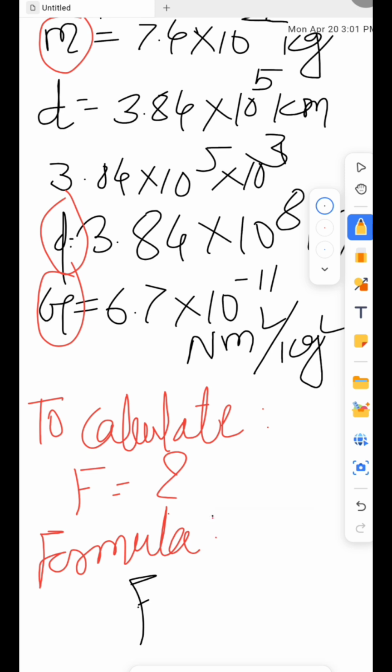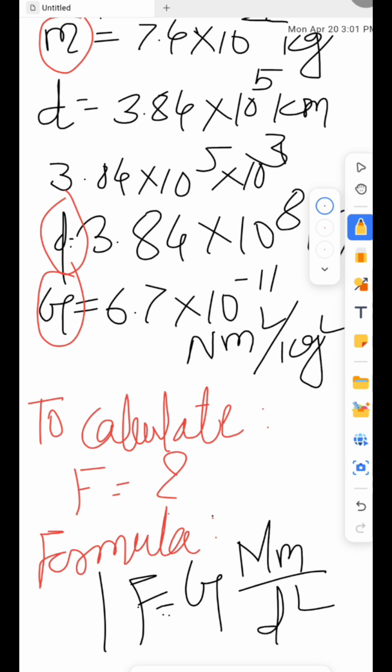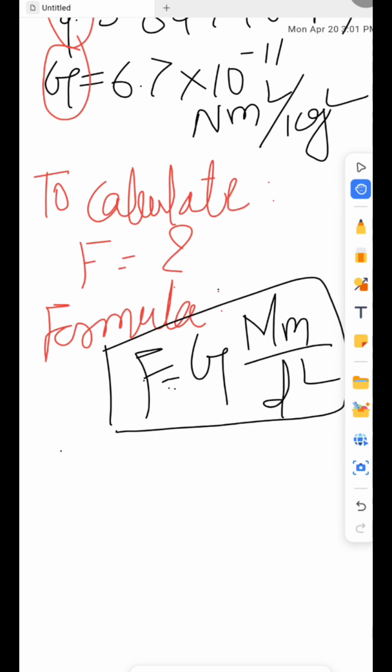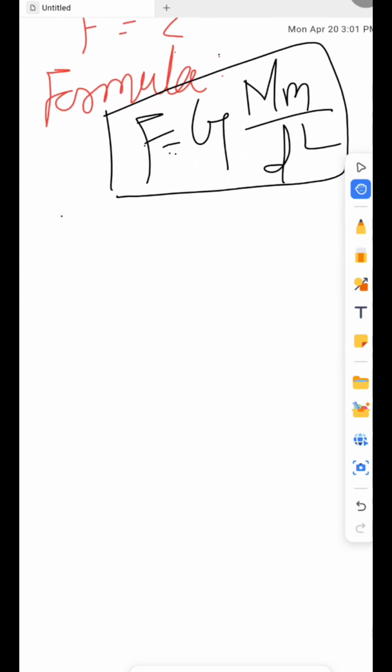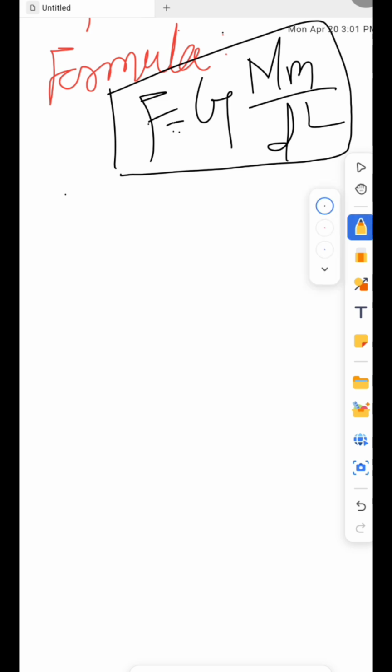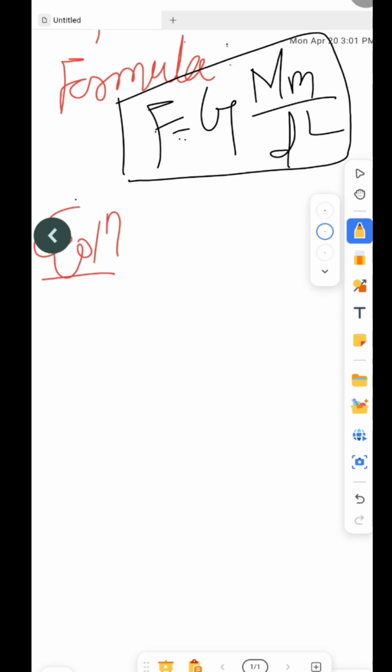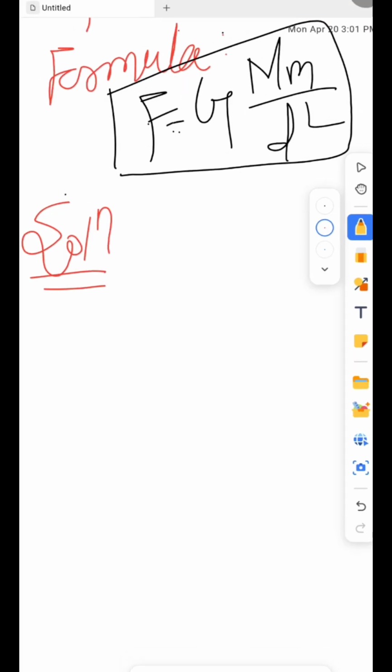F equals G into capital M into small m by d square. This is our formula. Now we will solve this equation from the formula. So what will be the solution?